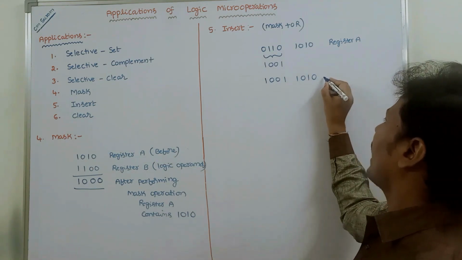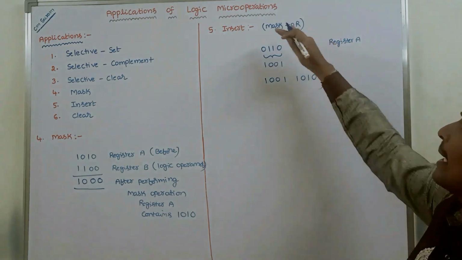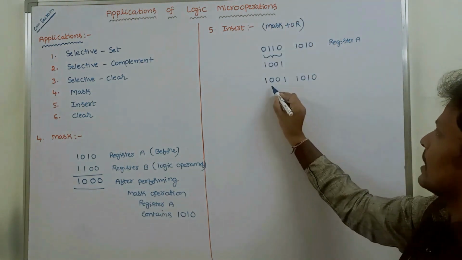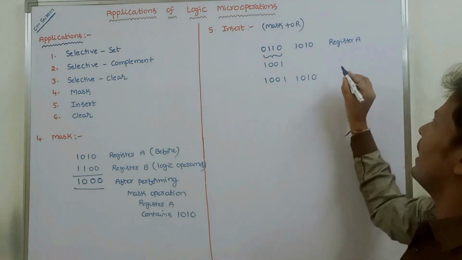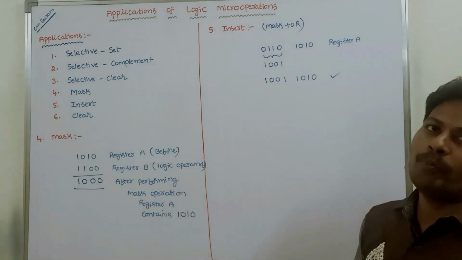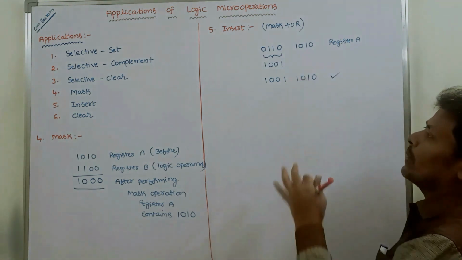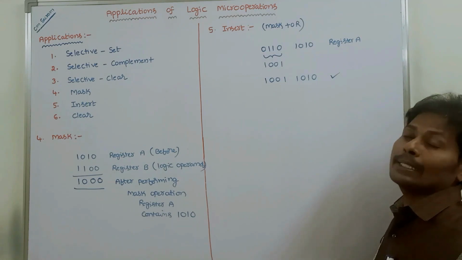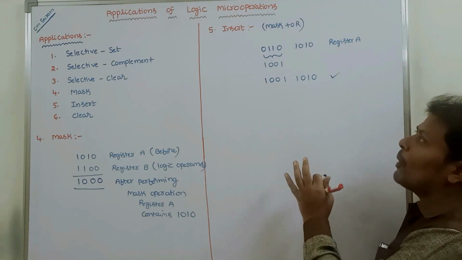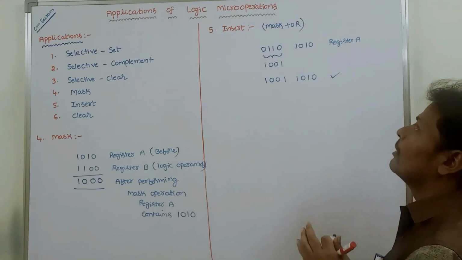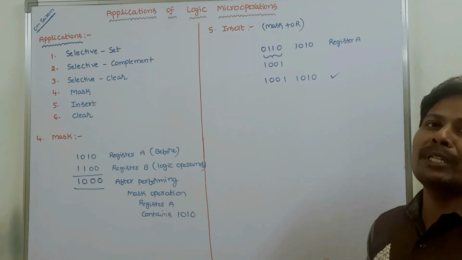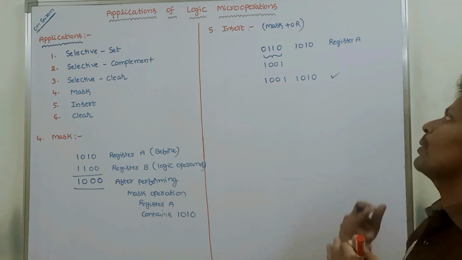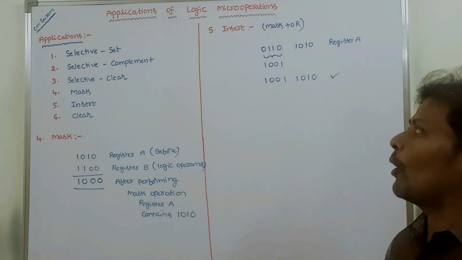This is called as after performing insert operation. So this is the result we are getting in register A. This operation can be called as insert operation. To perform that insert operation, first we have to perform the mask operation. Next we have to perform the OR operation.